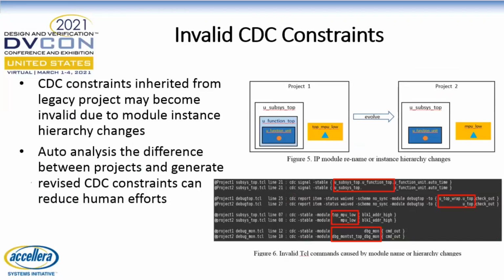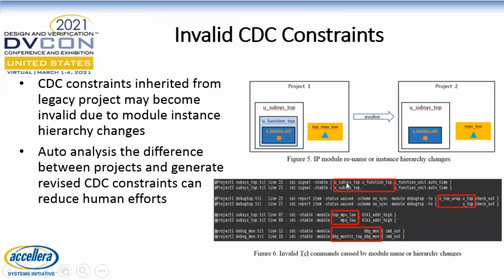For example, as shown in Figure 5, upgrading from Project 1 to Project 2, the instance named u_function_unit is not changed, but its hierarchical path is changed from your_subsystem_top, your_function_top, your_function_unit, to your_subsystem_top, your_function_unit.